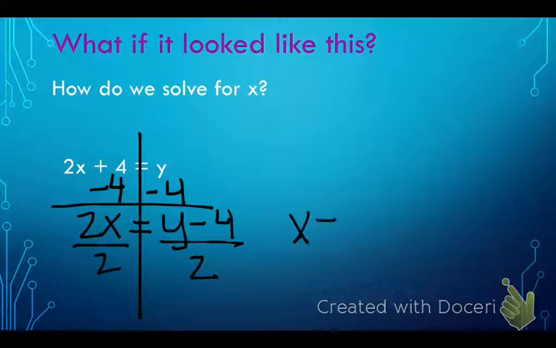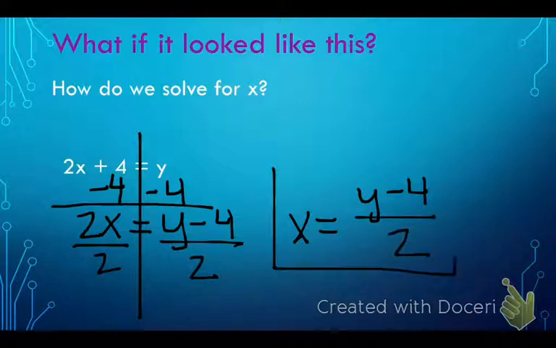So I'm left with x equals y minus 4 over 2. Now, I can actually simplify that a little bit further. At this point, since this is new, I'm not going to go through how to do that, but you might be able to recognize how to do that right now, and you can do it, but if you leave your answer like this, I'm totally okay with that.